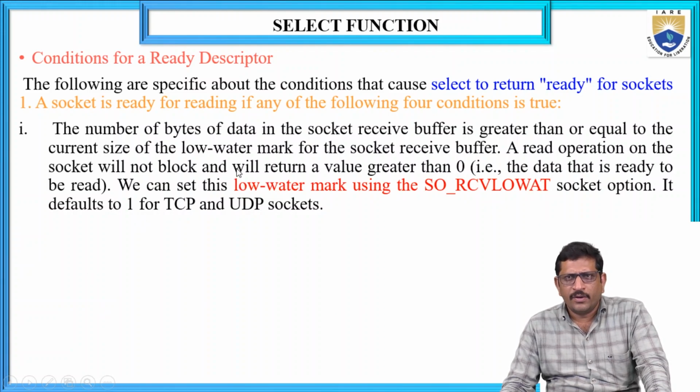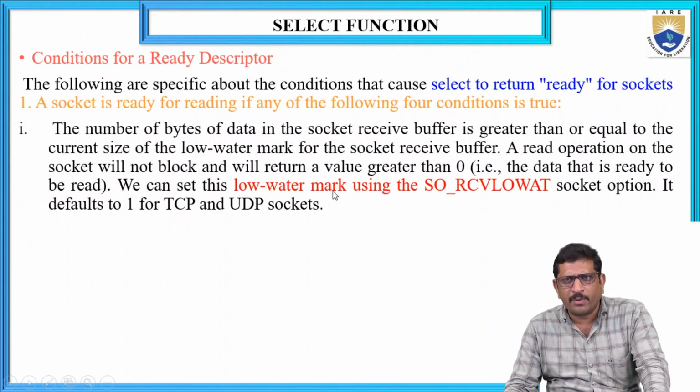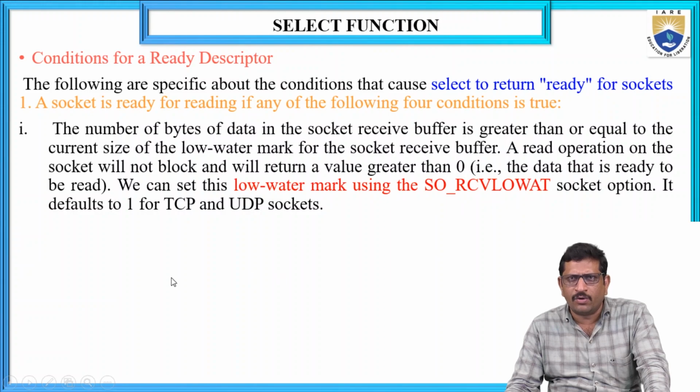For the TCP or UDP protocol, whatever sockets we are using, the default value is set as 1. If the default value is 1, that means these TCP and UDP sockets, which are receiving the data from the primary device to the selected secondary device, can now sense the data.